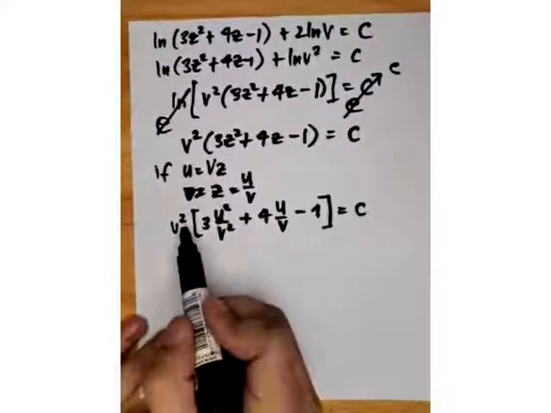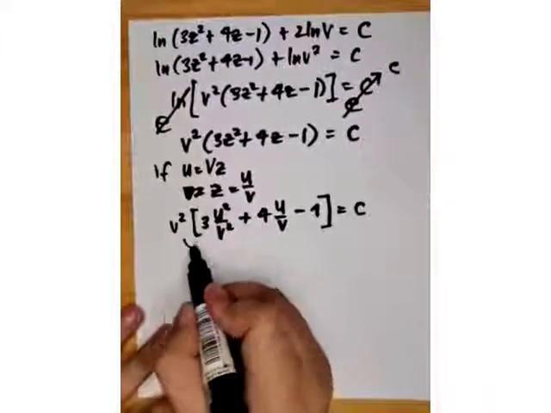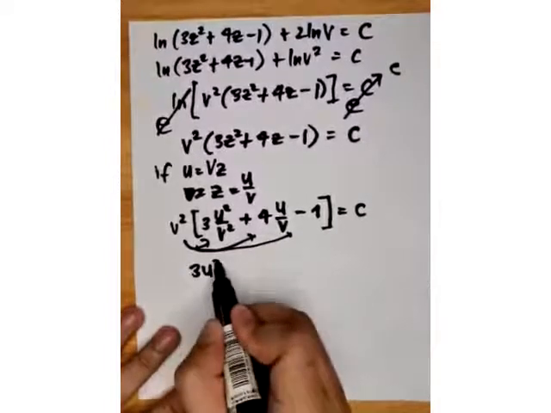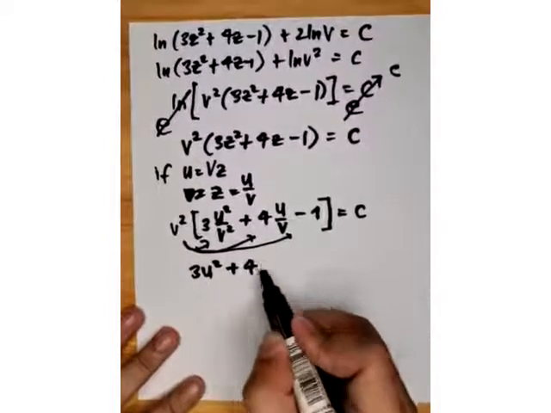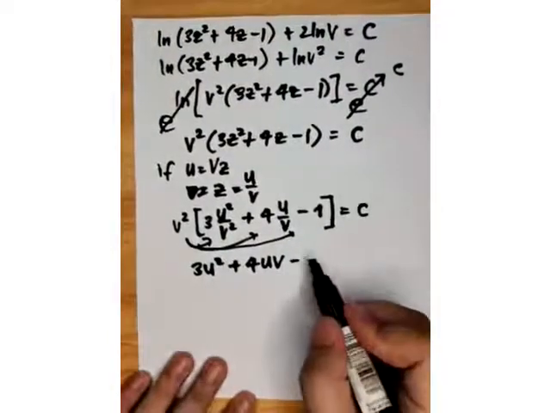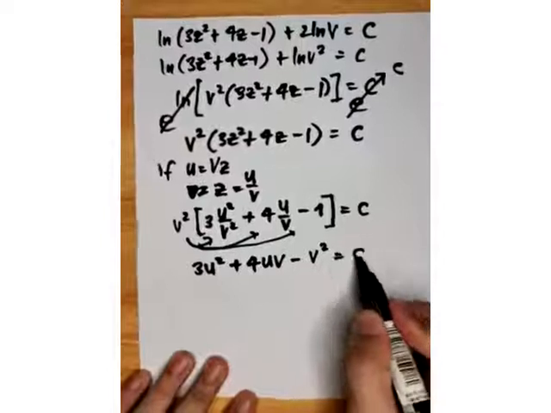And then let's distribute v. Okay, so distribute natin siya sa tatlo. So we'll have 3u squared plus 4uv minus v squared is equal to c.